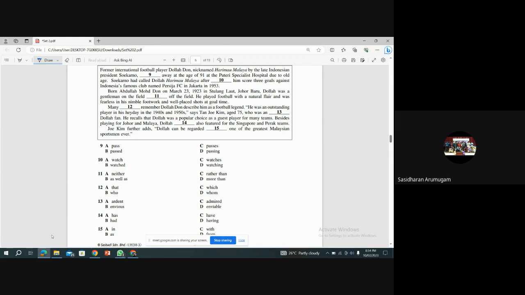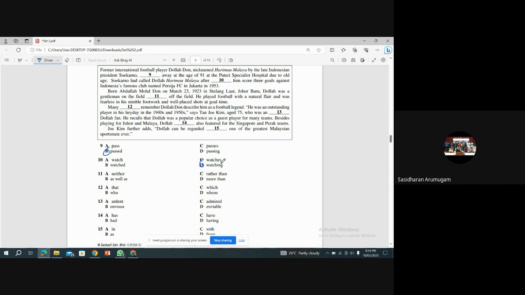Okay. Former international football player Dola Don, nicknamed Harimau Malaya by the late Indonesian President Sukarno, passed away at the age of 91 in Putri Specialist Hospital due to old age. Sukarno had called Dola Harimau Malaya after watching... Muhammad Don on March 23, 1923 in Tulang Laut, Johor Bahru.